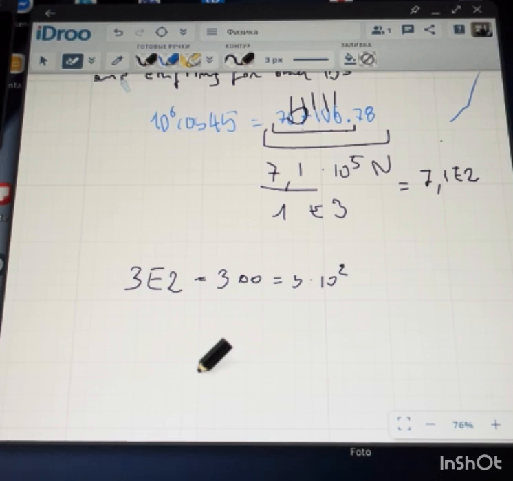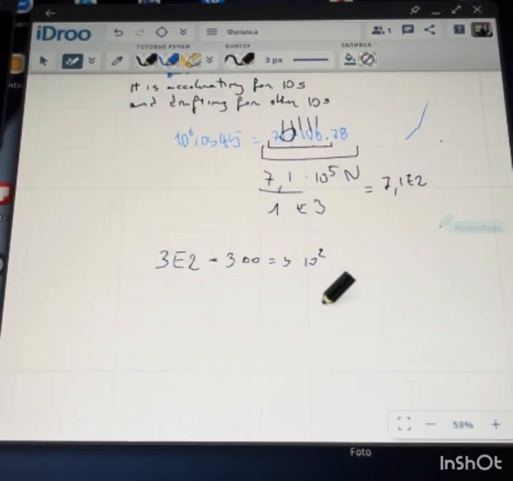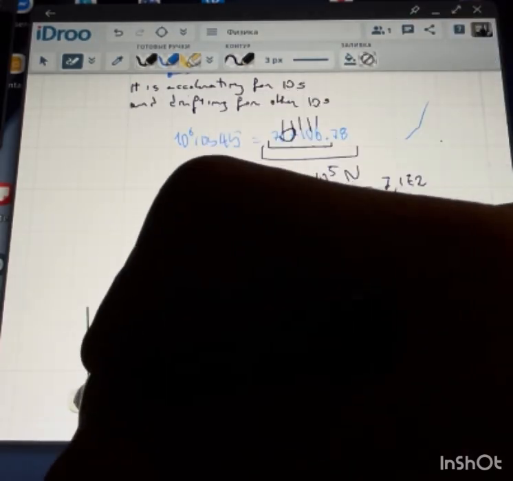So now it's accelerating for 10 seconds, and then it is drifting for another 10 seconds. And we can go on, but before going down, I would like to ask you, after this, shall we go for exercise 49, which is the wedge accelerated with an acceleration of a like this?